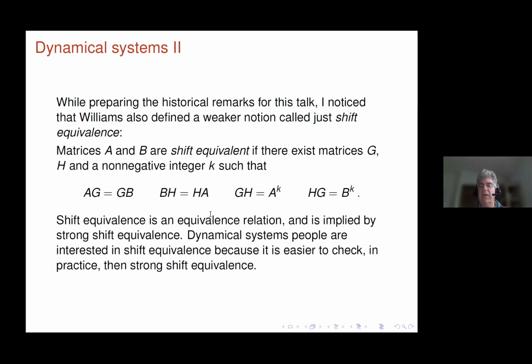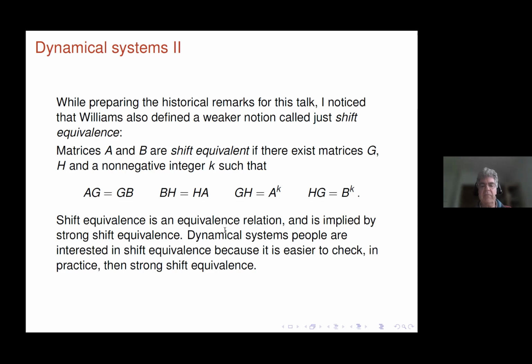The main reason shift equivalence is of interest to dynamical systems people is because computationally it turns out to be easier to check. So if they, for instance, want to check if 2 dynamical systems are not strong shift equivalent, sometimes it's easier to check that they're not shift equivalent.